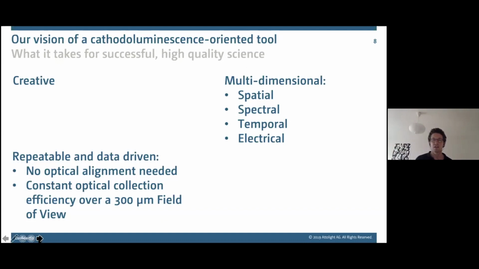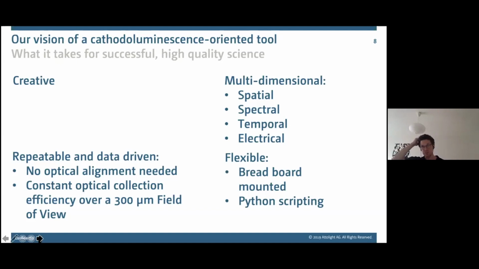And finally, electrical: because cathodoluminescence spectroscopy mostly pinpoints radiative recombination, electrical properties measured, for instance, by electron beam induced current allow you to probe non-radiative recombinations directly. And this is key to being able to have this balance between radiative and non-radiative, okay?